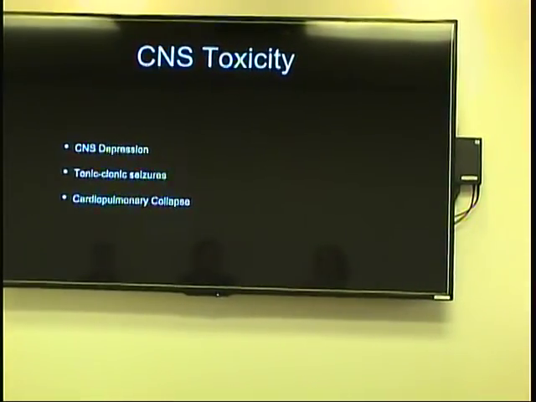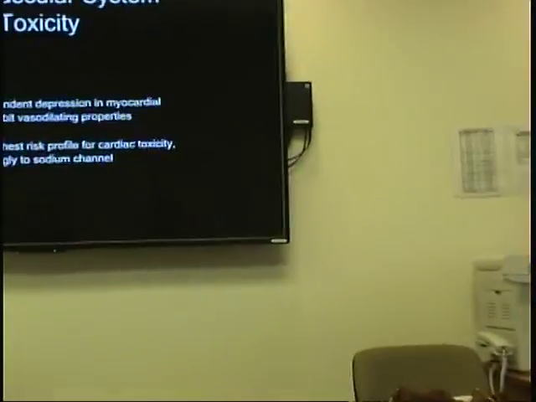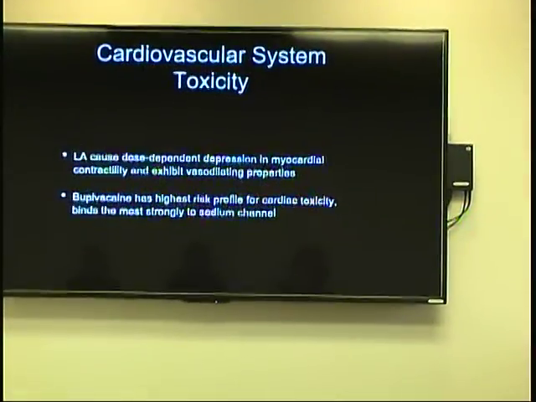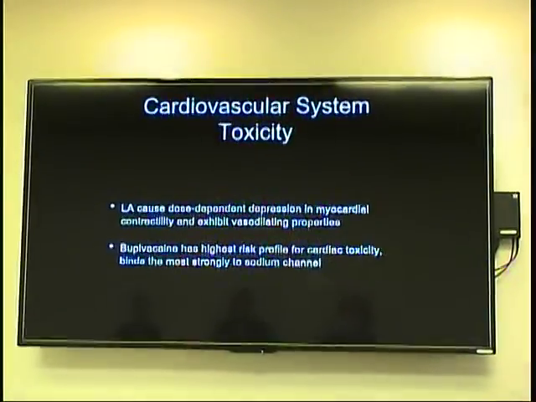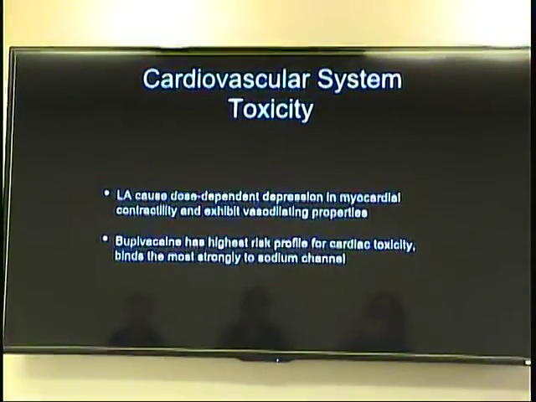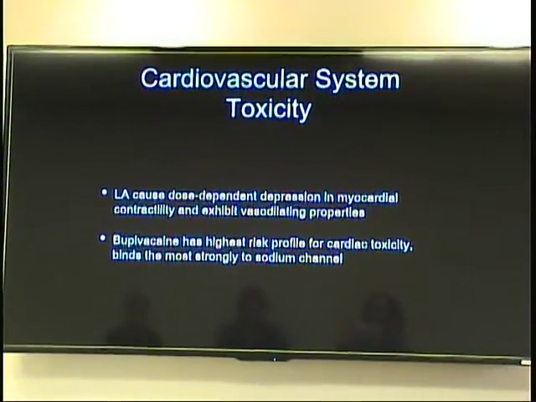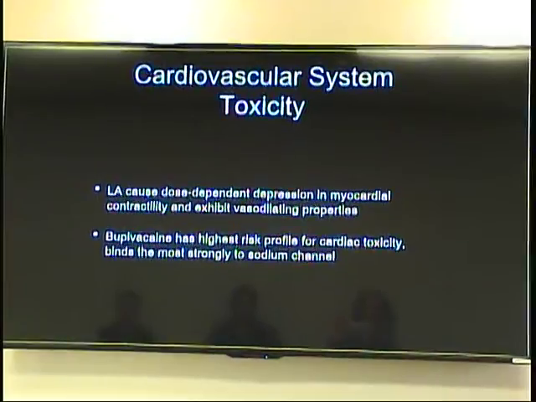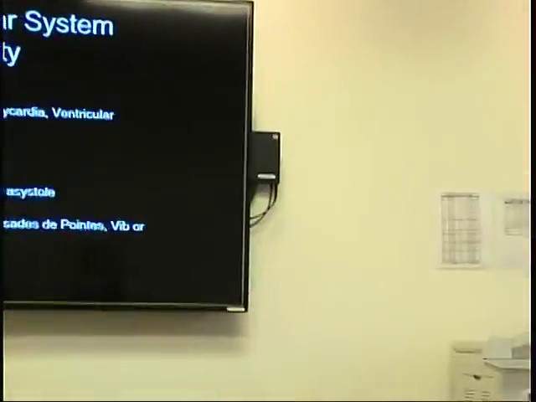And then, local anesthetic causes a dose-dependent depression in myocardial contractility and exhibits vasodilating properties. I had mentioned a little bit earlier that bupivacaine has the highest risk profile for cardiac toxicity, binds the most strongly to the sodium channels out of all the local anesthetics.